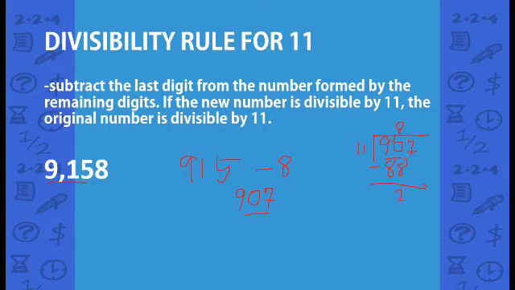Then, bring down 7. 27 divided by 11 is 2. So, 2 times 11 is 22. Then, 27 minus 22 is 5. So, the answer is 82, remainder 5.